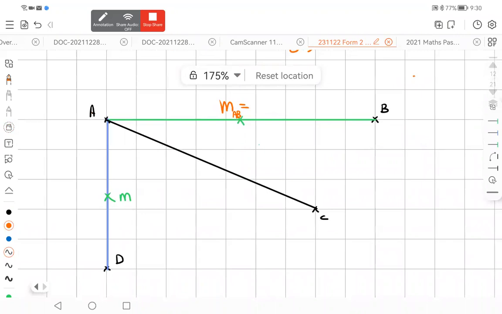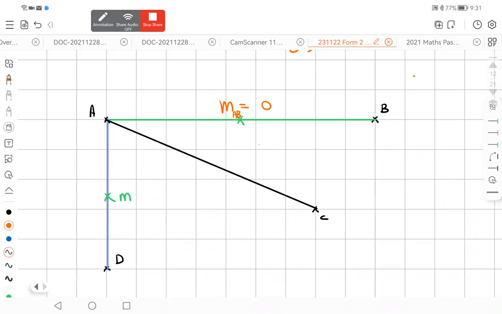Gradient means how steep the line is. Line AB, what is the value of the gradient? Equal to 0, because it's not steep at all. You don't need to use any energy walking on the floor AB, right? So the gradient is 0.